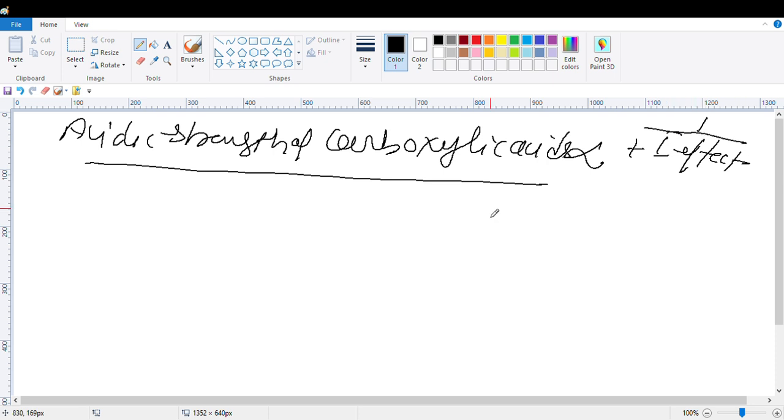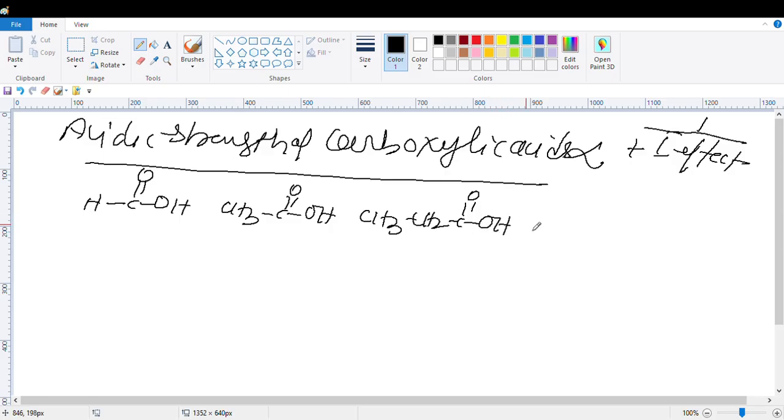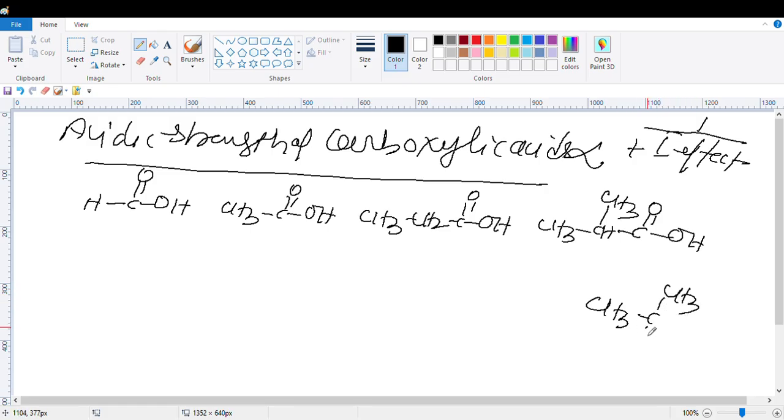Inversely proportional to plus I effect means if plus I effect in a carboxylic acid is more, then it will be less acidic in nature. Like we are taking formic acid, another we are taking acetic acid, another propanoic acid, another isobutyric acid, another the acid having tertiary butyl group.